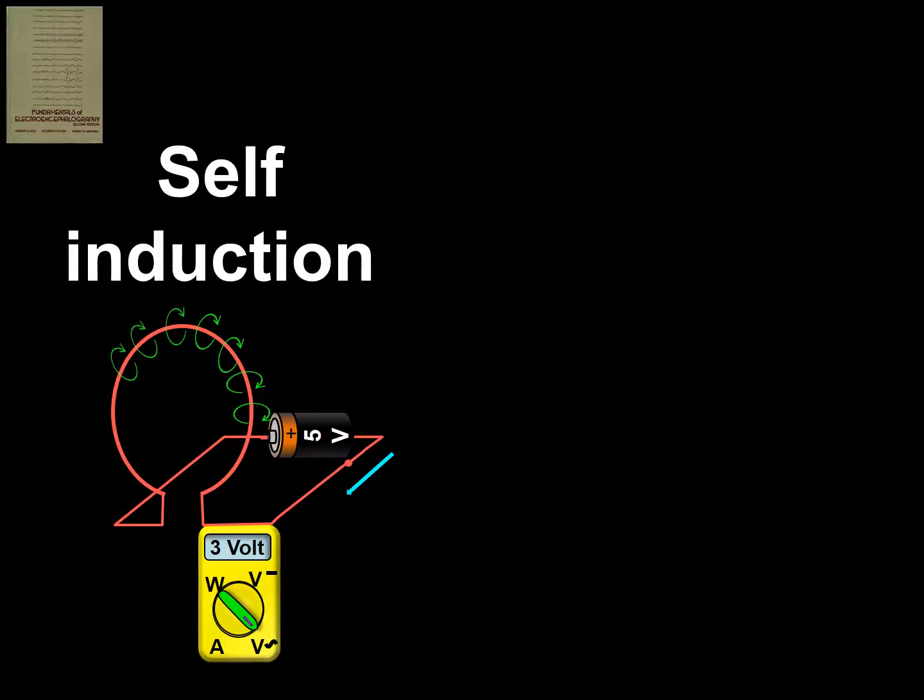I hope you remember this figure from earlier in this talk. The reason I am presenting it to you again here is to remind you that despite the battery having 5 volts, the voltmeter immediately after turning the circuit on measures only 3 volts.